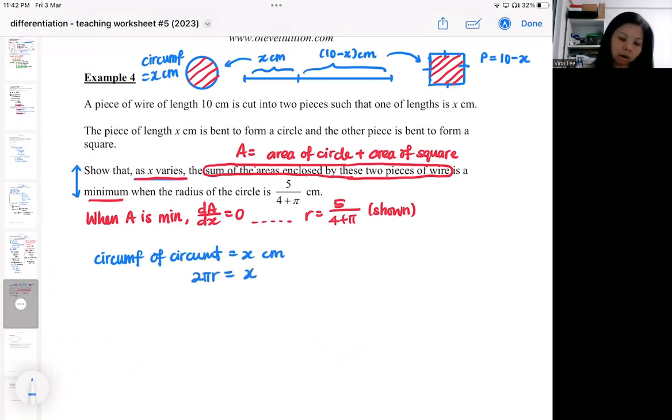From the 2 pi r, my interest is to find radius. Because only when I can find my radius, then I can find the area of the circle, which is pi r squared.